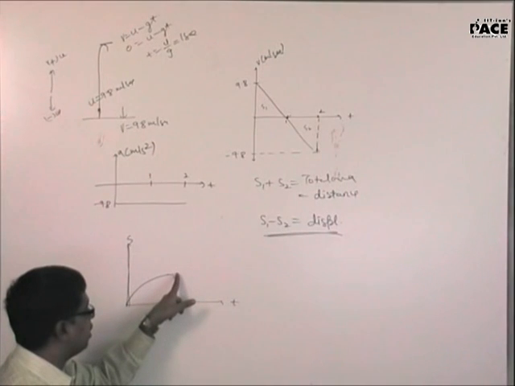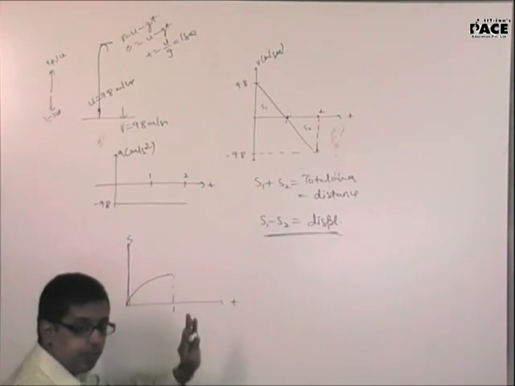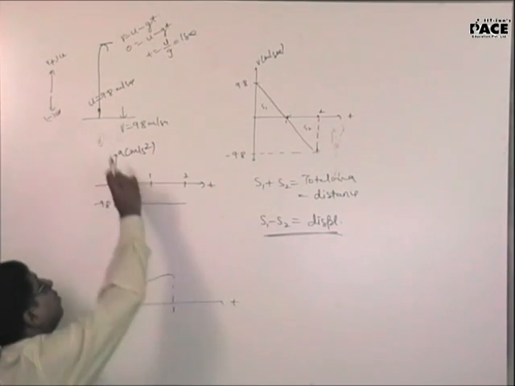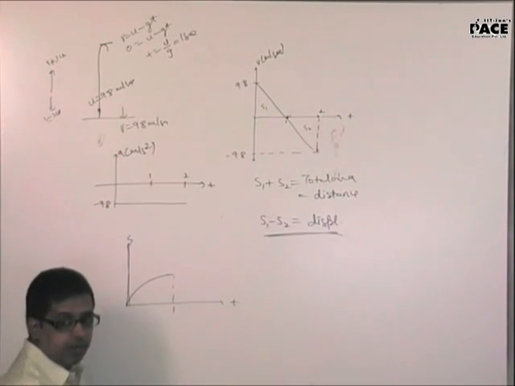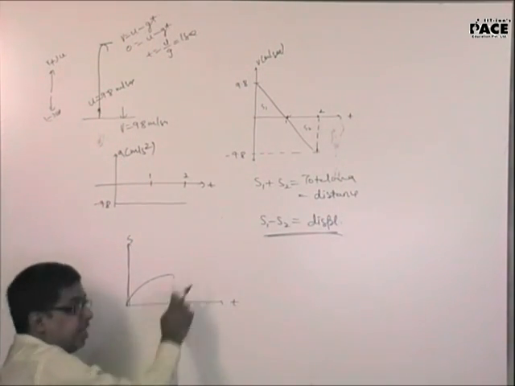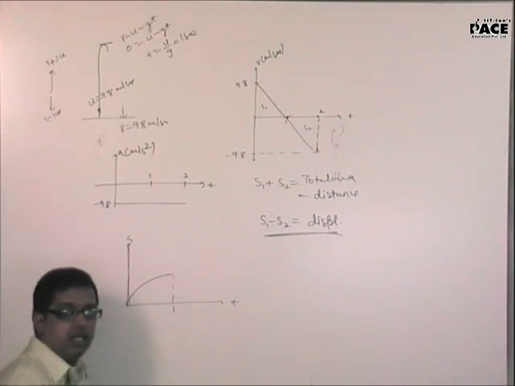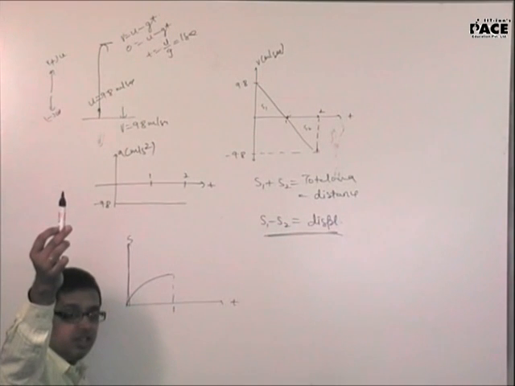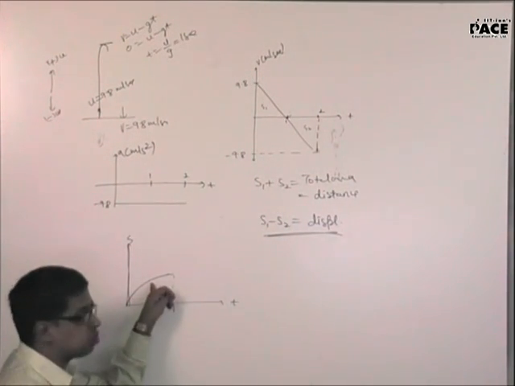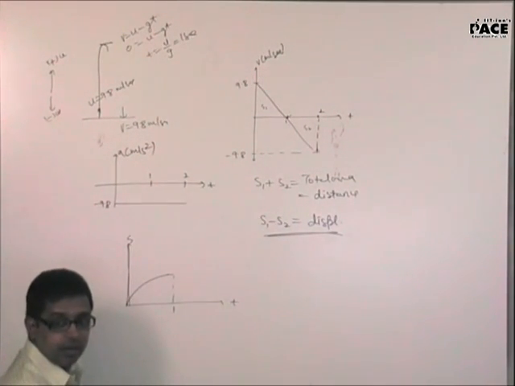In 1 second, you are reaching the point where the velocity should become 0. After 1 second, when you reach the highest point, what is happening to the velocity? It became 0. So the slope should be decreasing. In the first half of the journey, the body is going up. When the body is going up, the velocity is decreasing. Velocity is decreasing means slope should be decreasing.